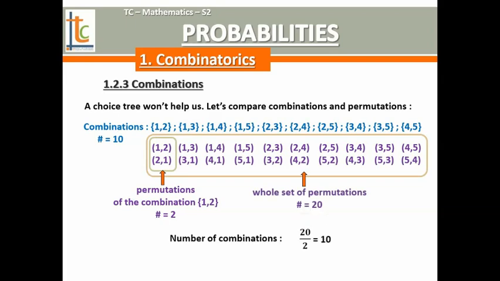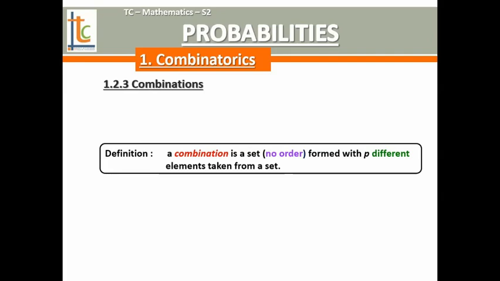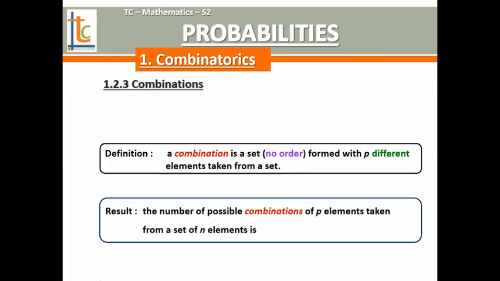So the formula of combinations looks like the formula of permutations. Definition: a combination is a set, no order, formed with p different, no repetition, elements taken from a set.